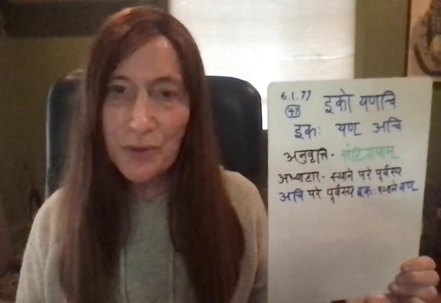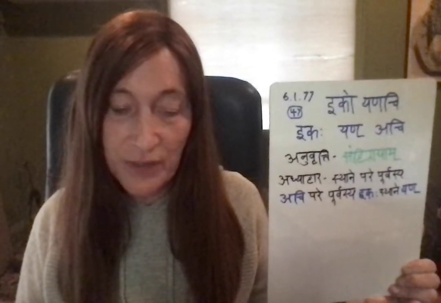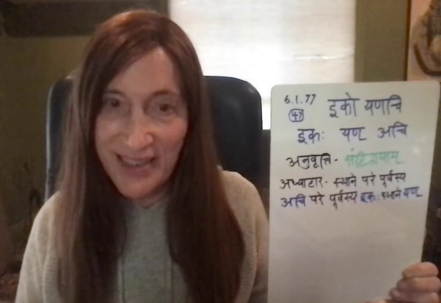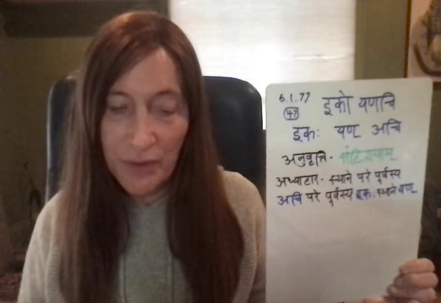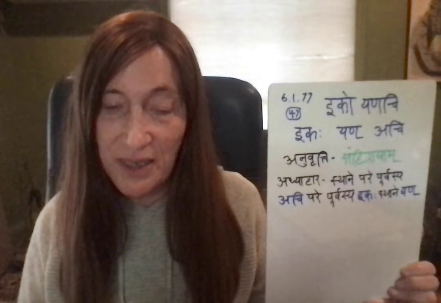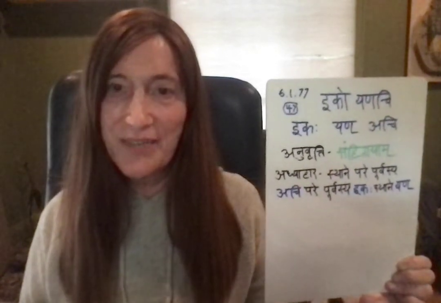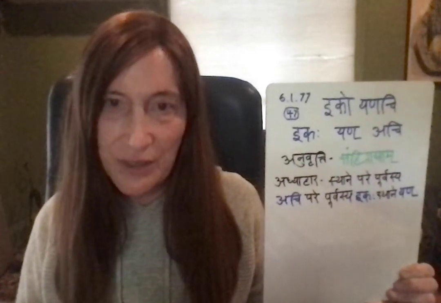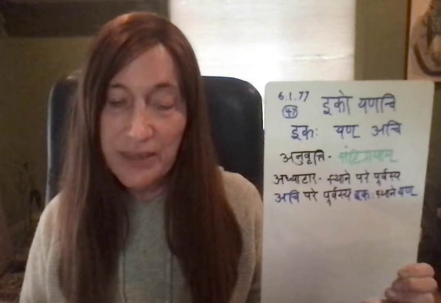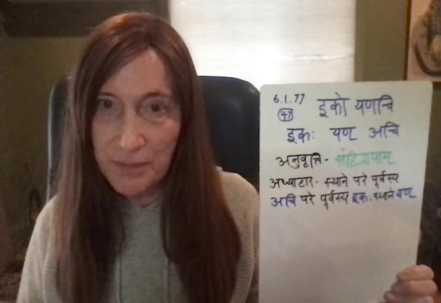So the whole sutra would be achi pare purvasya ikah sthane yan, or yan syat. Achi pare purvasya ikah sthane yan. To give it a quick gloss, when a vowel ach follows, in place of the preceding ik, yan comes.